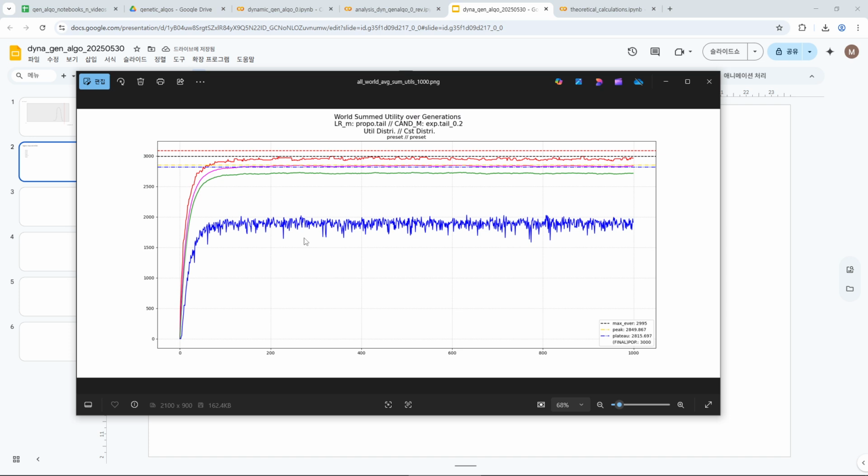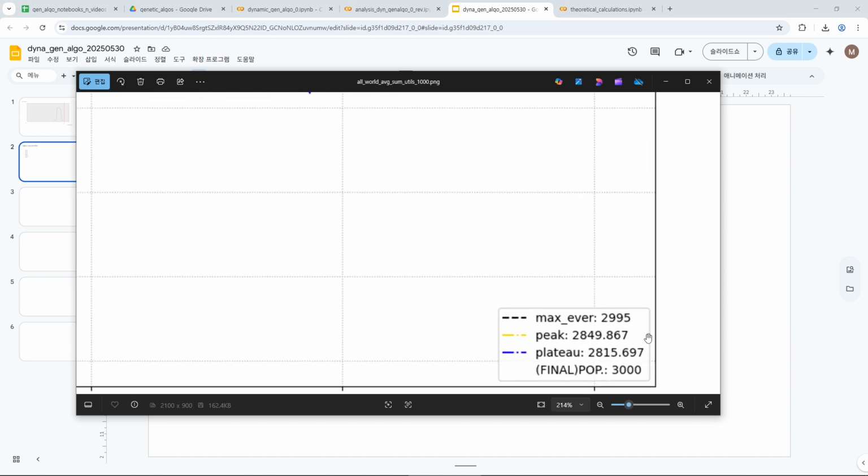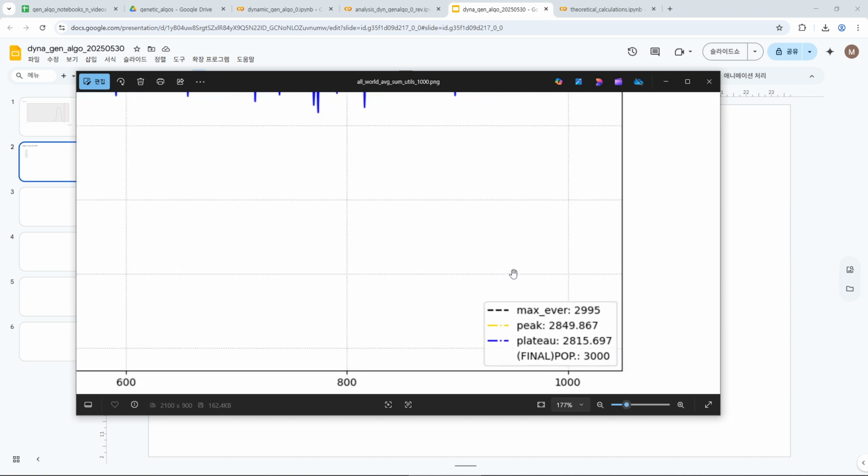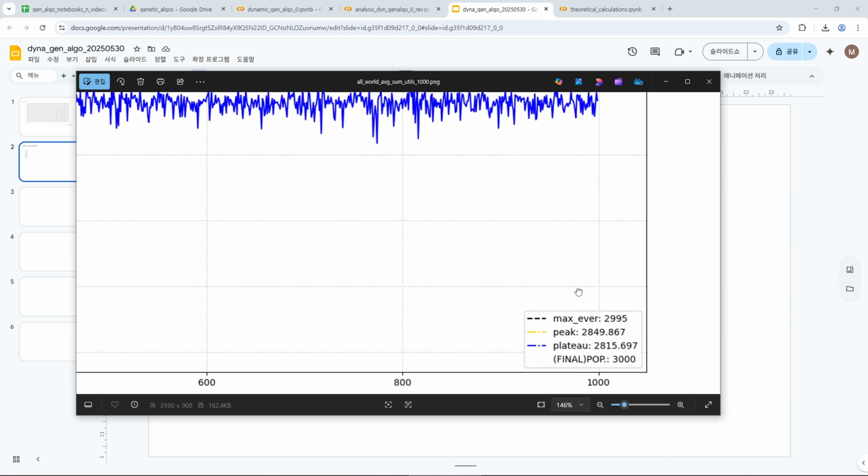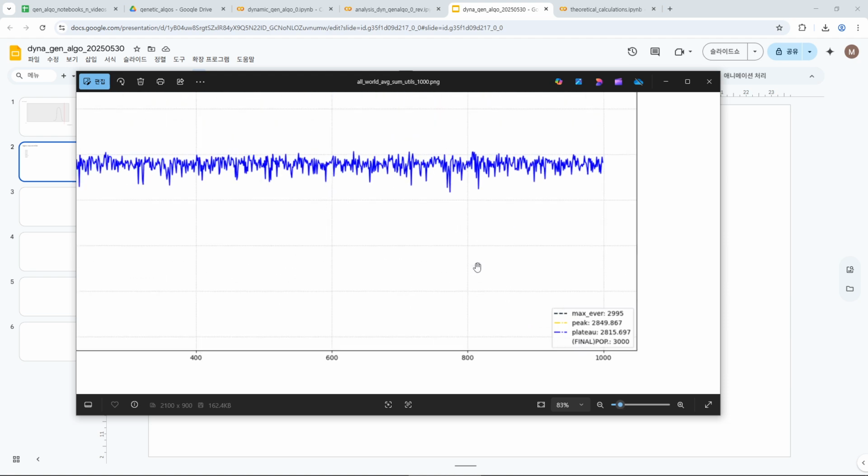A good way to scan if this maximum ever could be the true ceiling, I think, is to have a look at the final population.